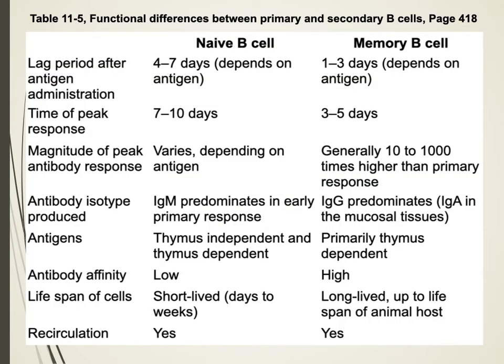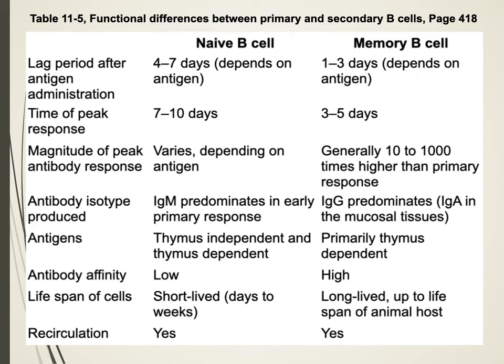There are other types of memory. So just to compare naive B cells versus memory populations, this is really important if we have a secondary infection, because again, we can pull from the memory population.